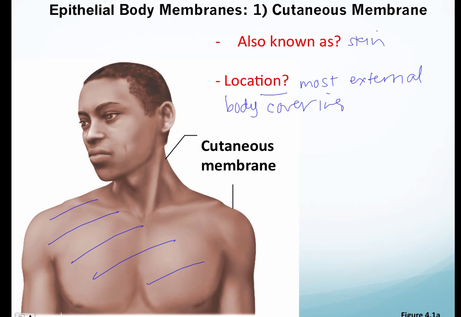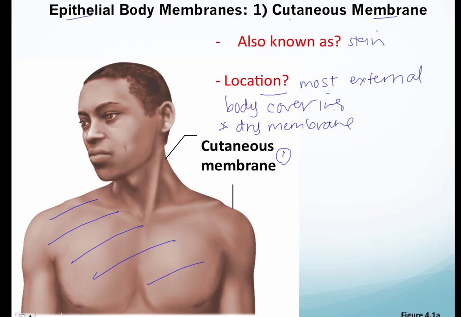And in comparison to the other membranes we're going to go over, this is going to be the dry membrane. Now, we said that there are 2 distinguishing things about epithelial membranes: they have an epithelial tissue and they have a connective tissue.